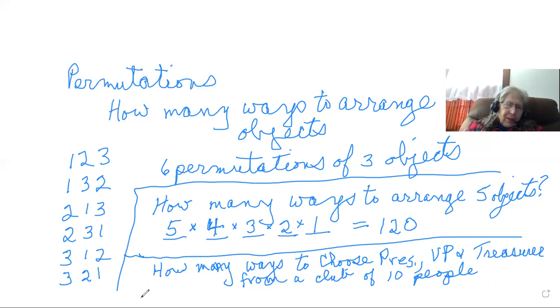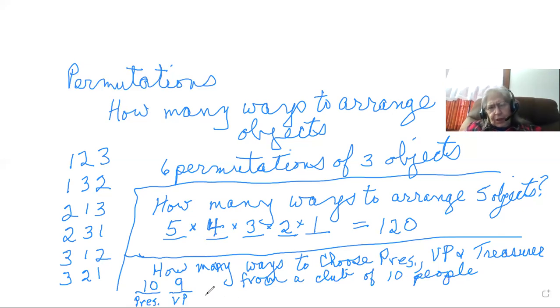Well, okay. So the first chair is named president, and there are 10 ways to choose. And the second chair is named vice president, and now there are only 9 ways to choose.